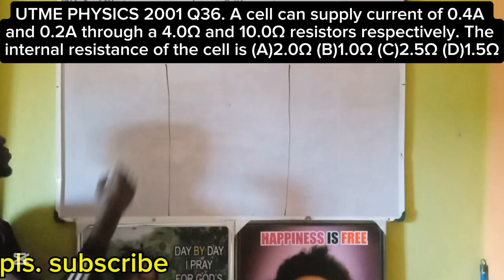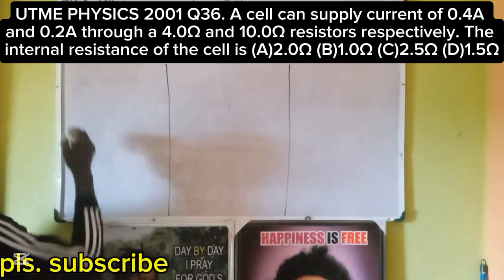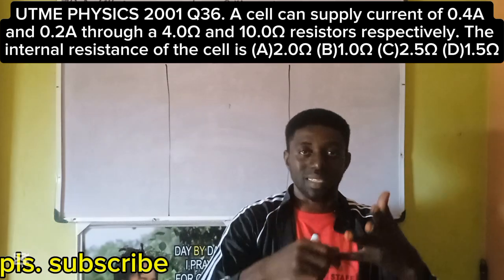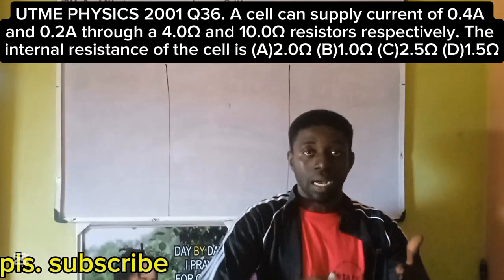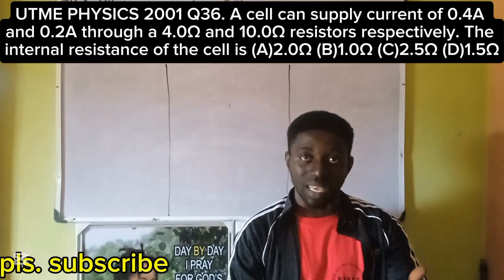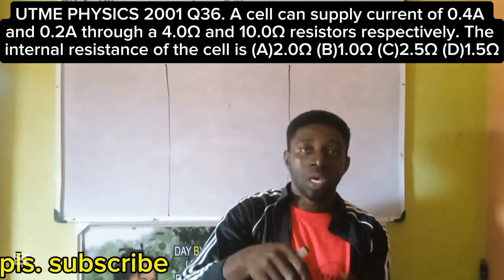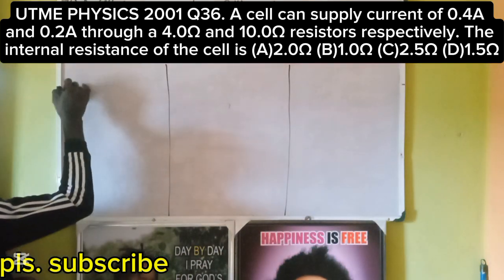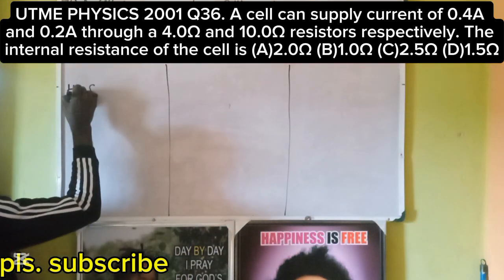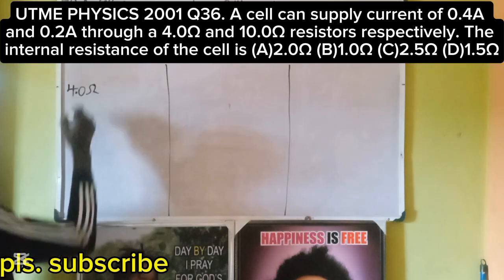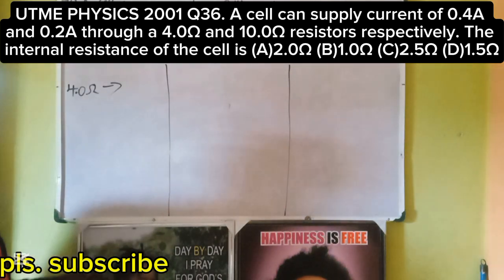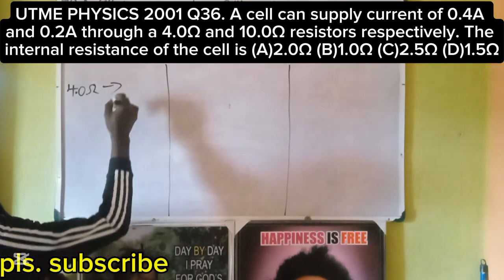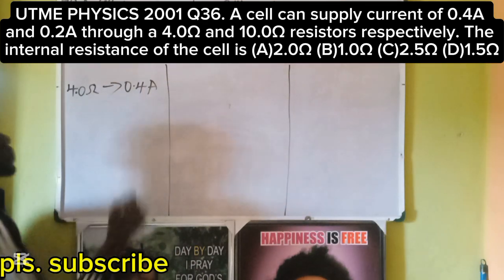In the first experiment, we have a circuit diagram that contains a cell or a battery, an ammeter, which measures current and takes the reading of the current, and a resistor. Initially we had a resistor of 4.0 ohms, and the ammeter had a current reading of 0.4 amps.